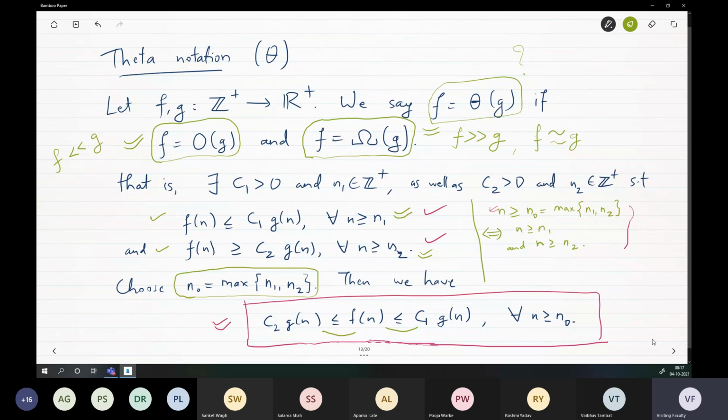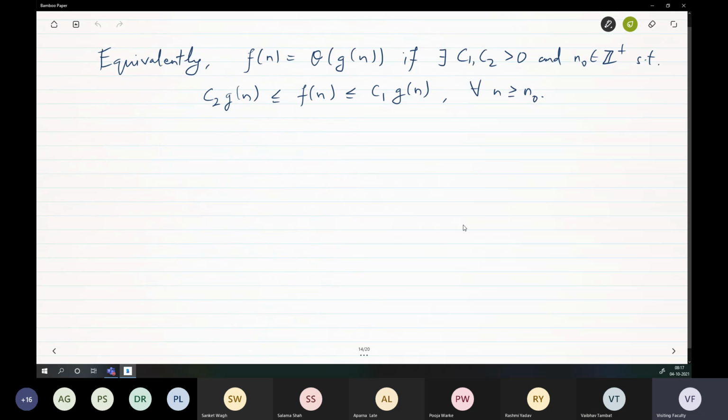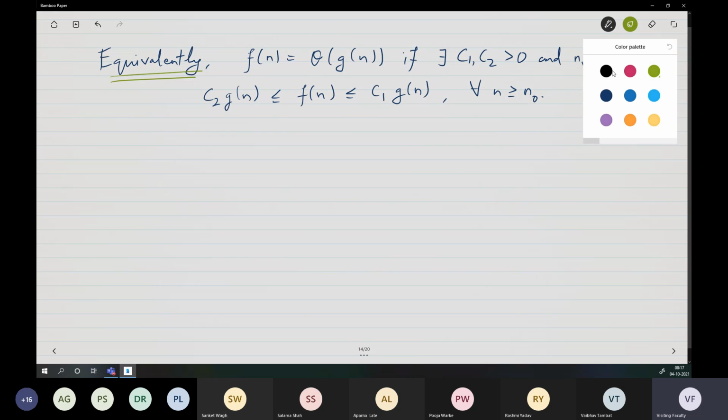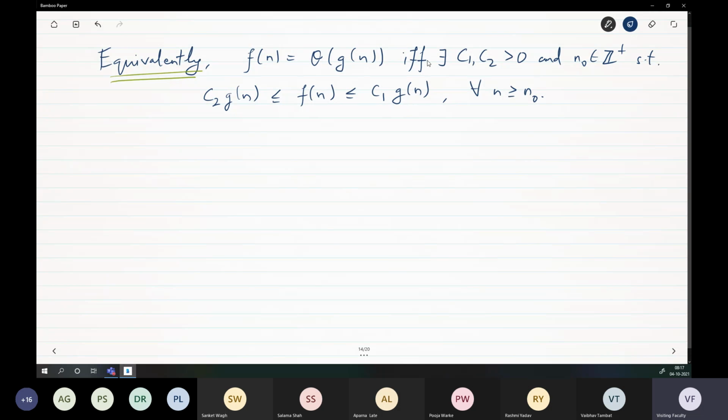And that is what I finally wrote in the last slide. So instead of working out all this, the equivalent condition is what we wrote in the last line. f(n) is theta of g(n) if and only if, that's what we just saw, there exist C1 and C2 greater than 0 and n naught positive such that C2 g(n) is less than or equal to f(n) less than or equal to C1 g(n) for all n greater than or equal to n naught.